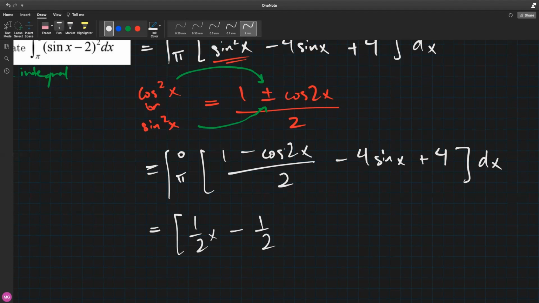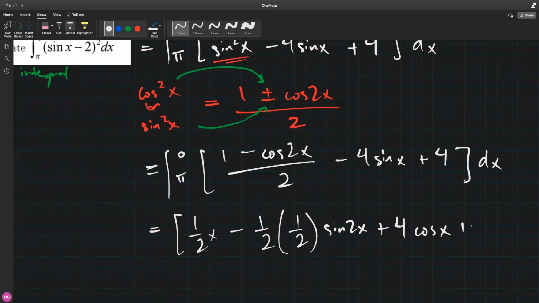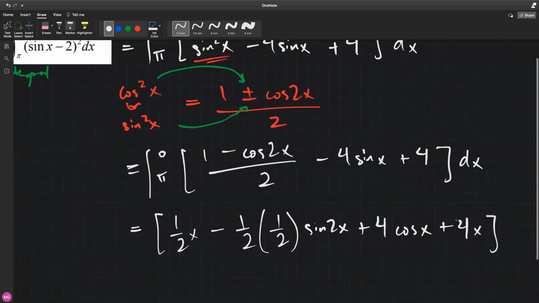The integral of negative cosine 2x would just be negative sine 2x. But since there's a 2x inside, there's a constant, so we will multiply it by 1/2. And then that will become sine 2x. And then that will be plus 4 cosine x plus 4x. And then this is evaluated from pi to 0.